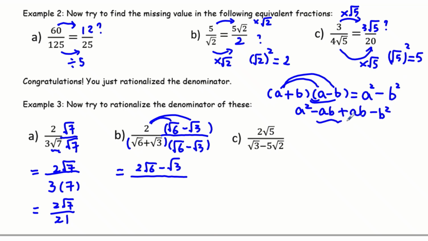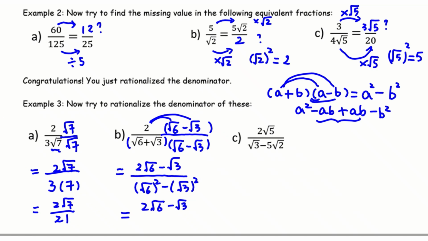The middle 2 cancel out, so you have a squared minus b squared. So this is a, this is b. Square root 6 is a, square root 3 is b. Squared and square root cancel out. So we have 2 square root 6 minus square root 3, then all over 6 minus 3.